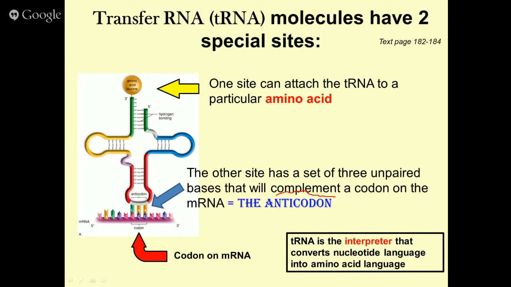So the G matches the C, the A matches the U, the A matches the U. So the anti-codon is the complementary match of the codon. So the transfer RNA helps to interpret and to communicate and to change or translate the language of your nucleotides down here into the language of your protein up here. And when you see how this works in the next video, it's going to make a lot more sense to you.